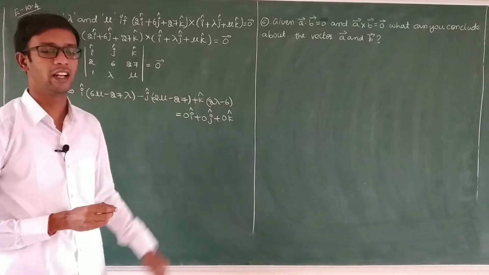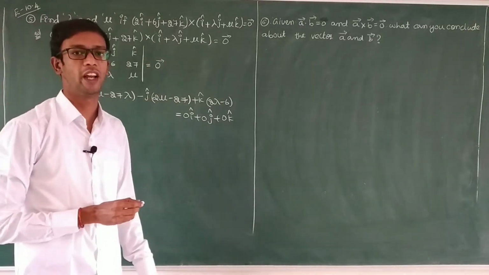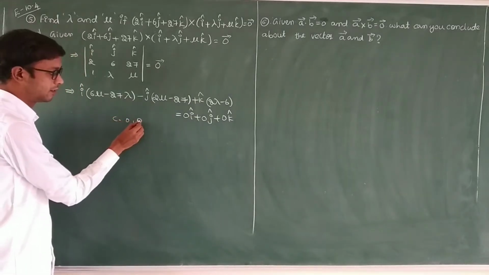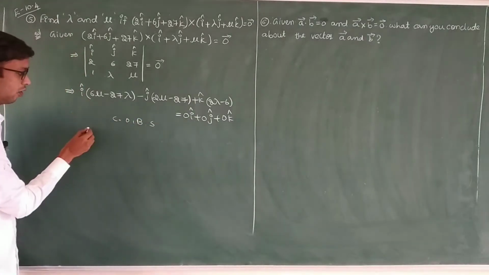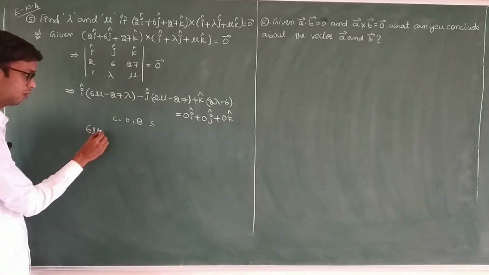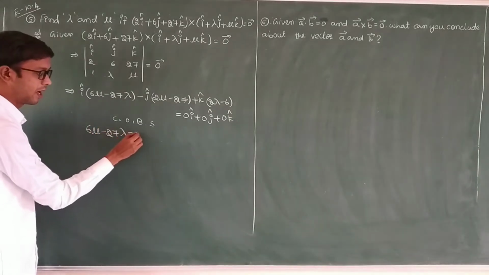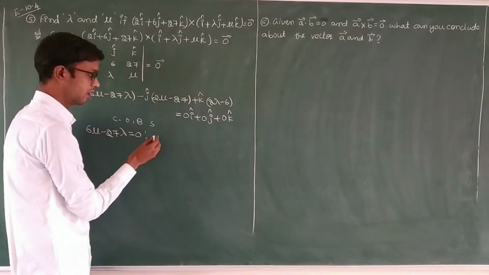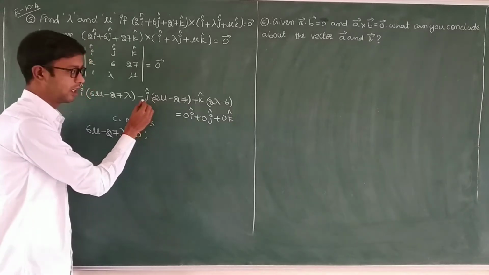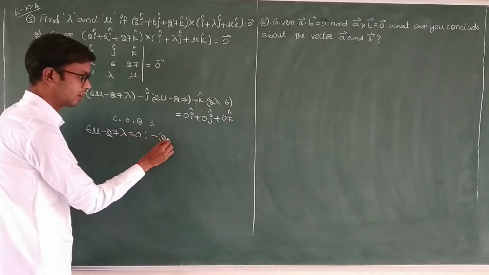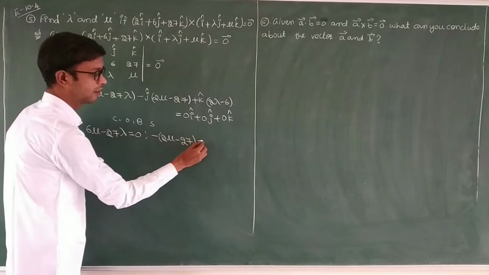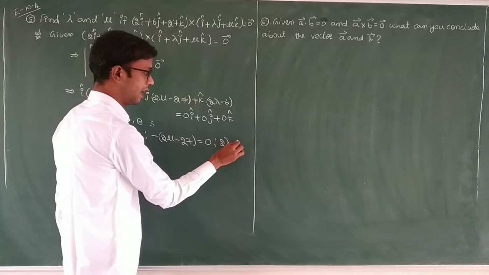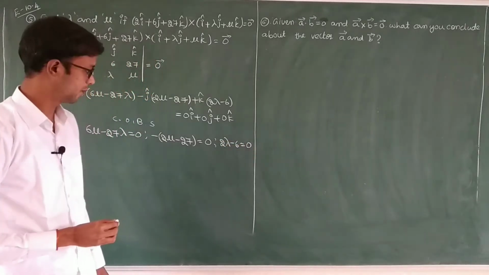So I am writing the 0 vector in component form: 0 i cap plus 0 j cap plus 0 k cap. Comparing on both sides, the i coefficient gives 6 mu minus 27 lambda is equal to 0. For the j coefficient we get minus 2 mu minus 27 is equal to 0, and one more, 2 lambda minus 6 is equal to 0.